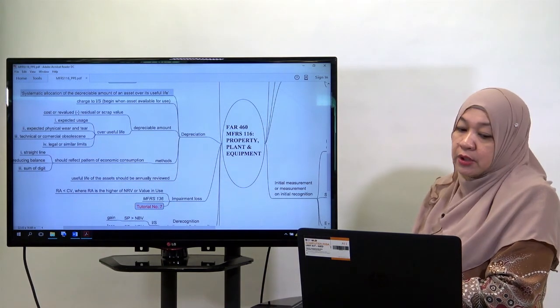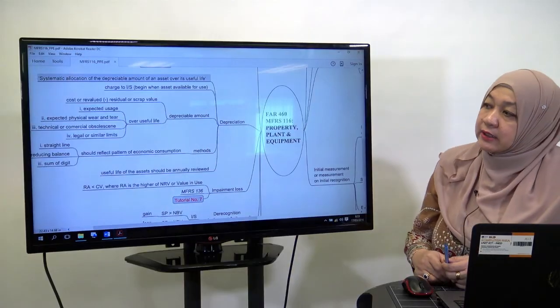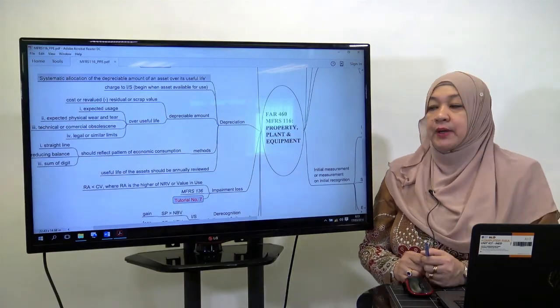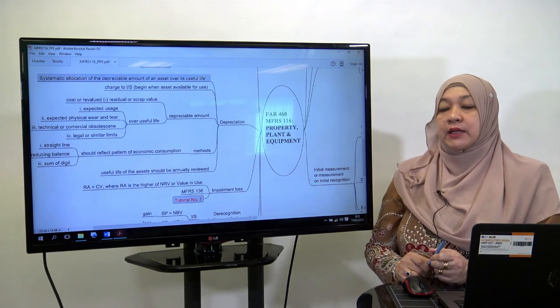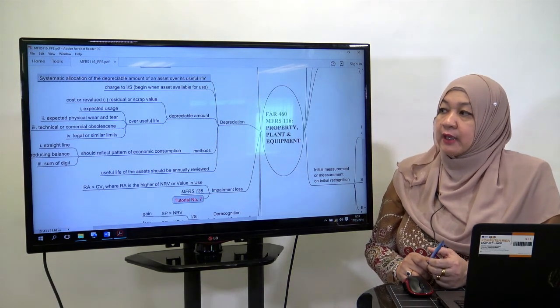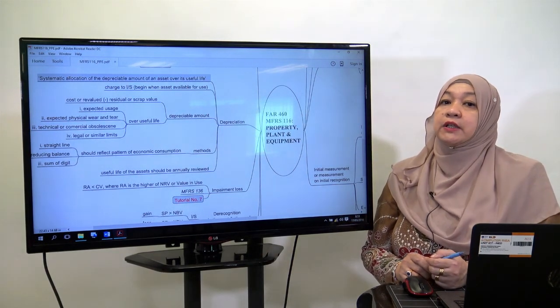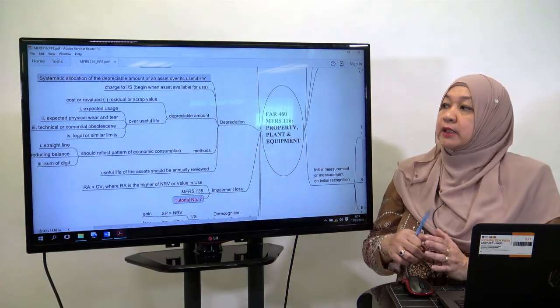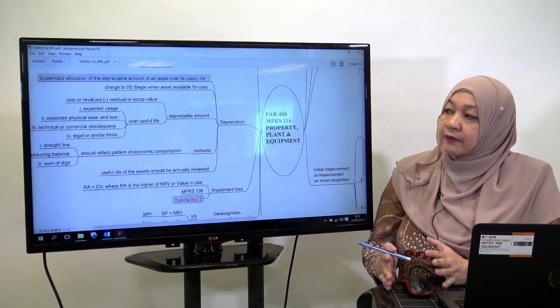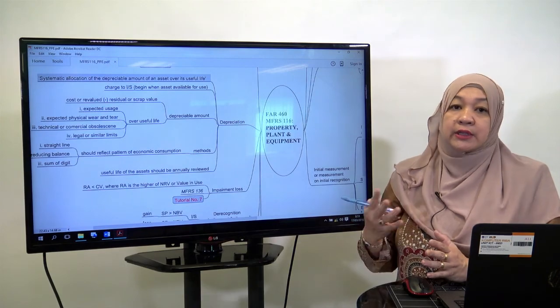Another way of determining the useful life is the expected physical wear and tear. It is understandable that non-current assets have physical wear and tear. After using a particular asset, the physical life of the asset can be reduced due to everyday usage.